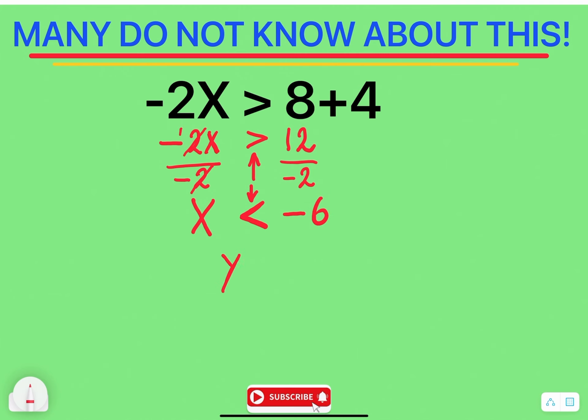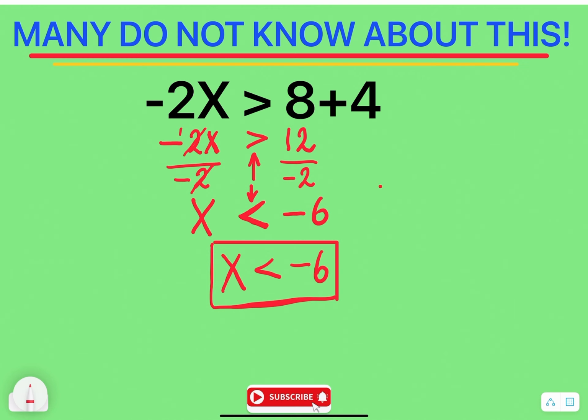So the solution is x is smaller than negative 6. This is one of the most important parts to remember. When you divide an inequality by a negative number, switch the inequality sign.